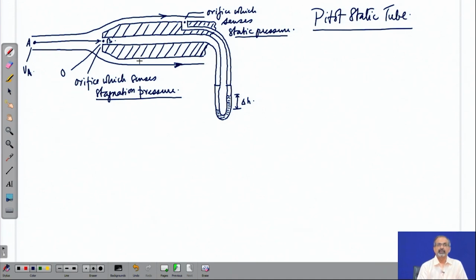When this pitot-static tube is just introduced into the flow field, some air manages to get into this spacing and move all the way and fill up this space. Once that is over, then no more air can further enter that passage, and therefore, it has to come to a halt by the time it reaches B. Therefore, if you follow this streamline, the velocity has to continuously decrease to 0. This is called as the stagnation streamline.